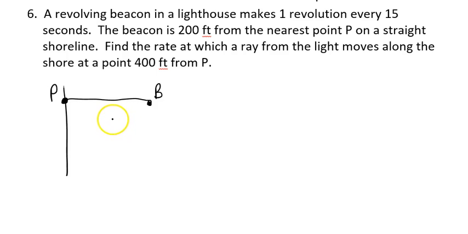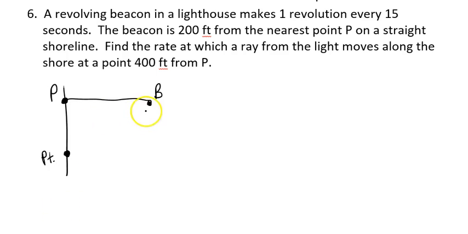And then we're talking about this question that asks the rate when the light is 400 feet from P, but it's on the shore. So along the shore at a point 400 feet from P. So I'm just going to go this way. You could have gone up, but because of the way I drew my picture, I'm going to put this point down here. Okay, so this is the point they're talking about.